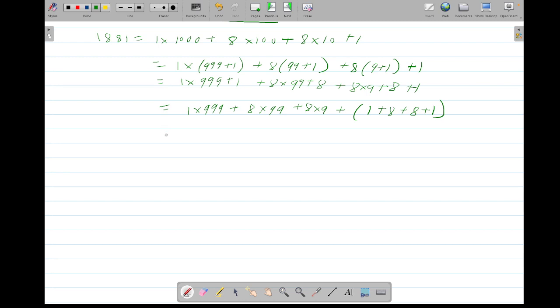I have just rearranged the above expression to this form. If you observe carefully, this has 9 as a factor, so 9 can be taken as a common factor. If we do this, there will be some number, plus the sum of the digits of that number.